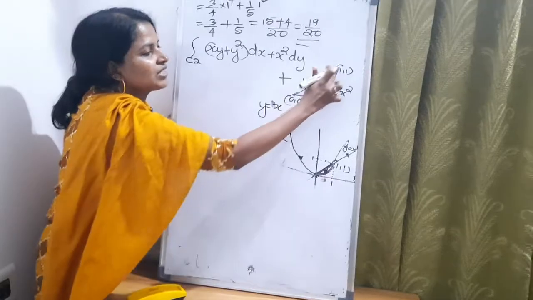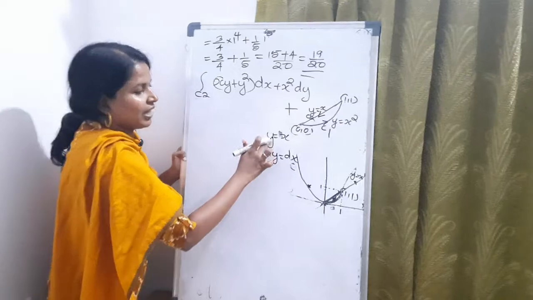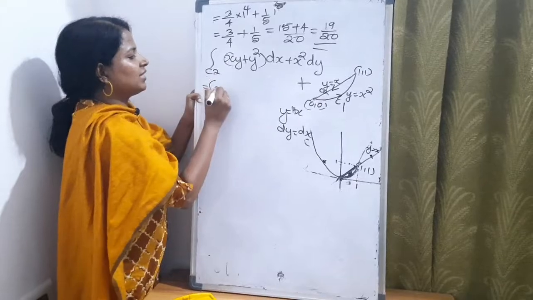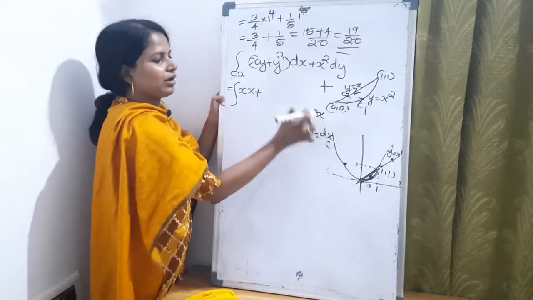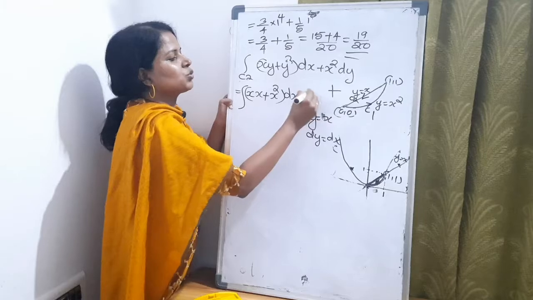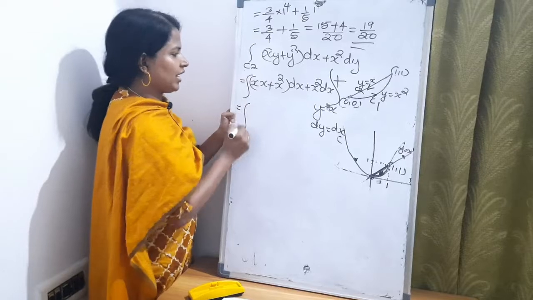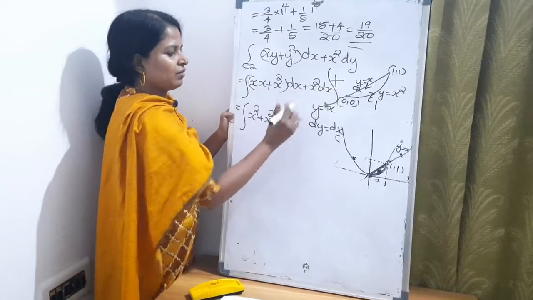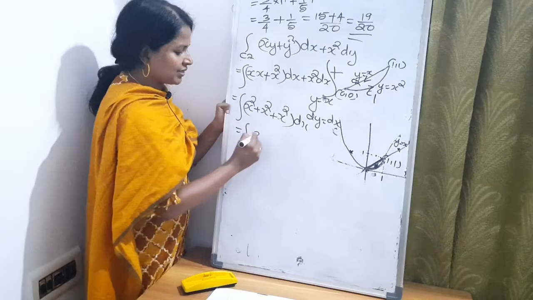This curve C2 is y equal to x, so dy equal to dx. So y becomes x, and we get x² plus y², which is x², times dx, plus x² dy. Since dy is dx, that is equal to the integral of x², plus x², plus x², which is 3x² dx.